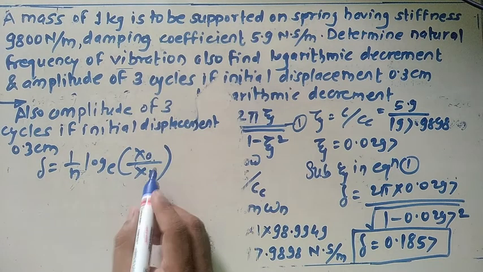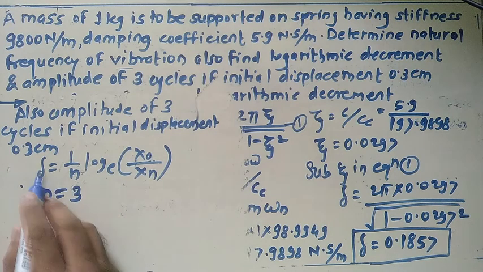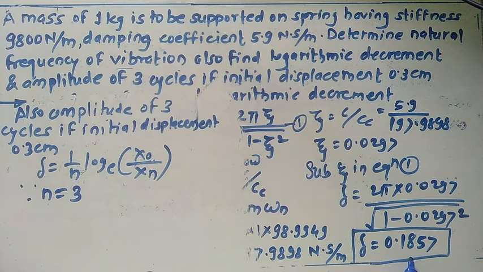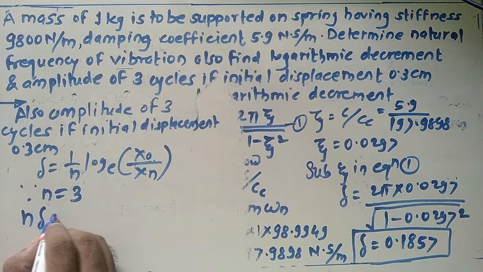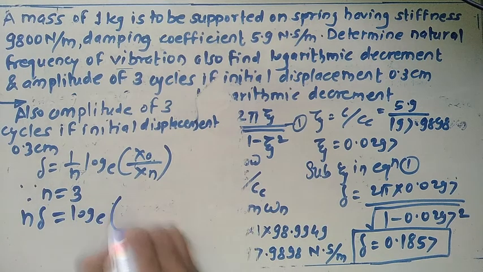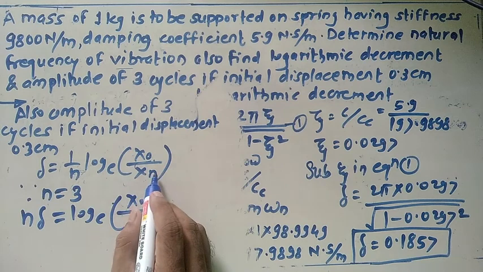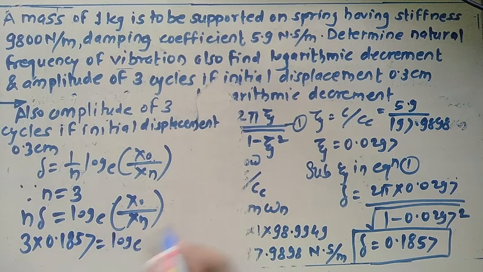In this case, since the value of n with us is 3, and delta is already calculated by us, we can just rearrange this equation: n into delta equals log to the base e x naught divided by xn. Substitute here 3 multiplied by delta, 0.1857, equals log to the base e x naught by xn.